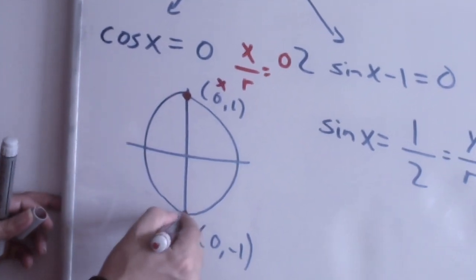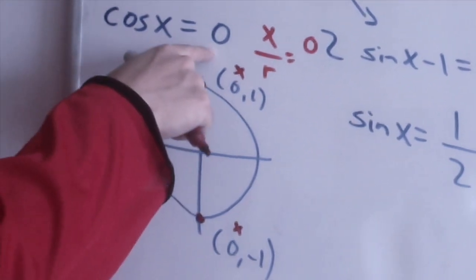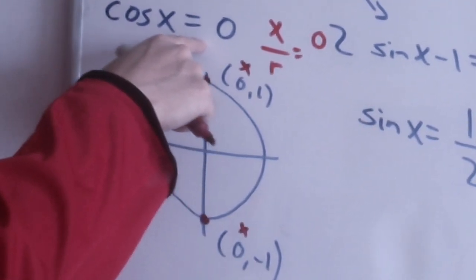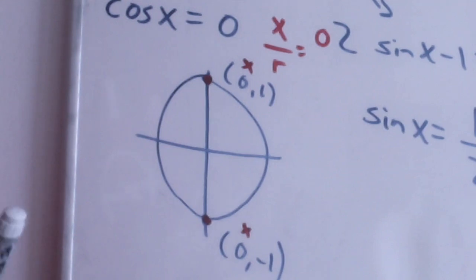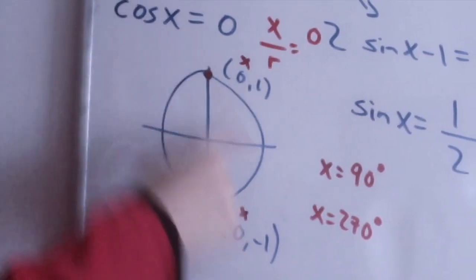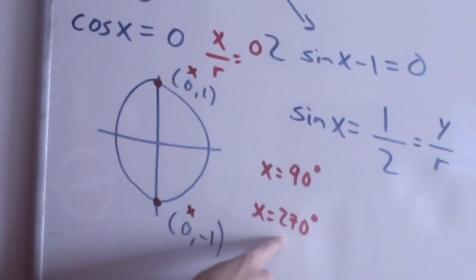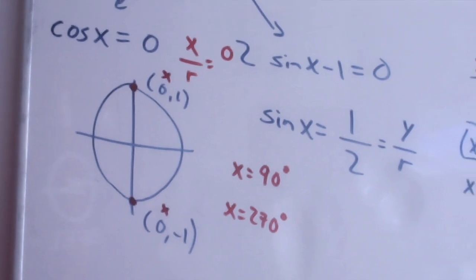And also here, my x is 0. So what are my answers when cosine of x is 0? Is x equals 90 degrees and x is 270 degrees.